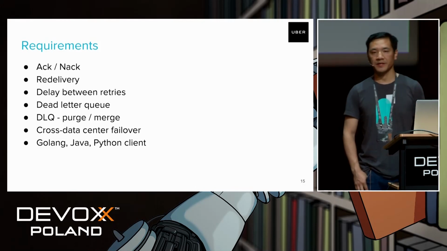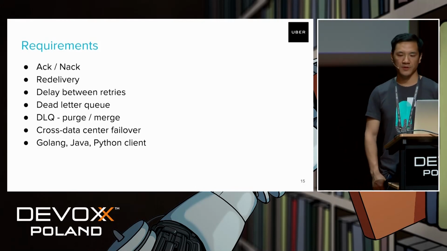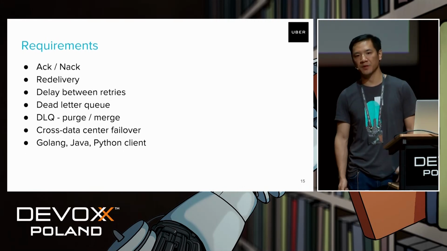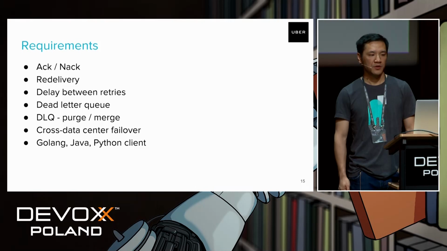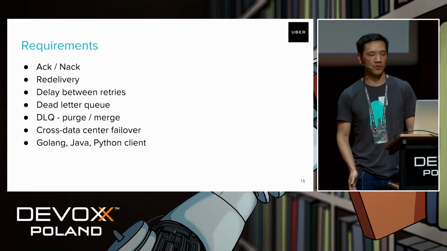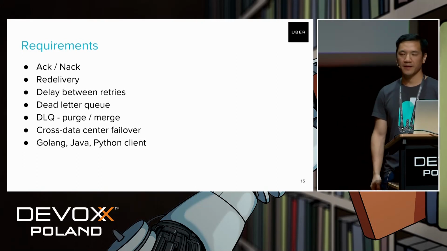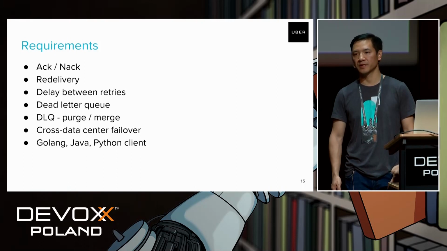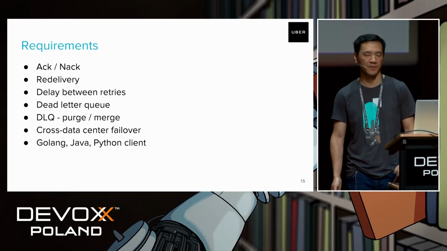In case there is a downstream issue for the message processing, we need to provide some kind of delay between the redeliveries to make sure that we don't hammer the downstream system, and we can make sure a proper delay so the retries will hopefully succeed.